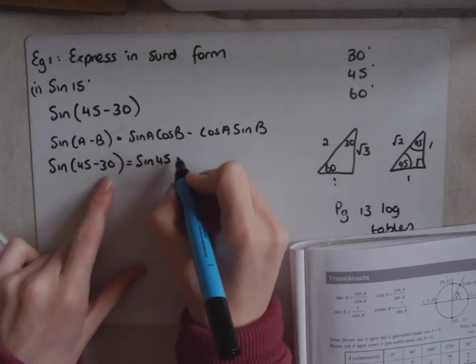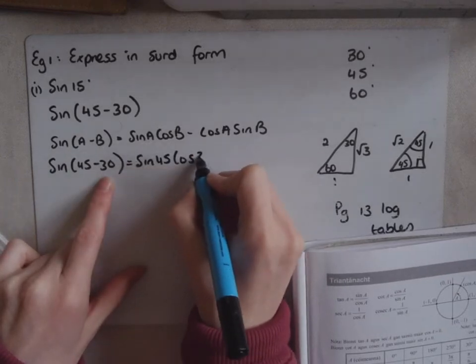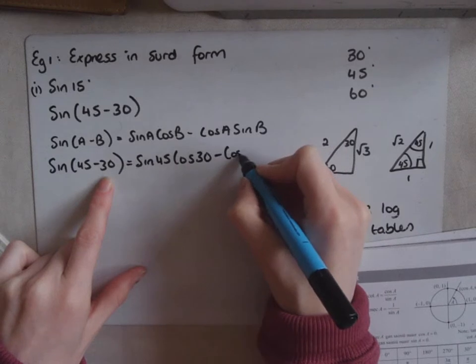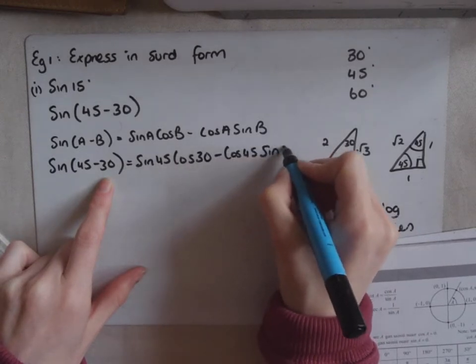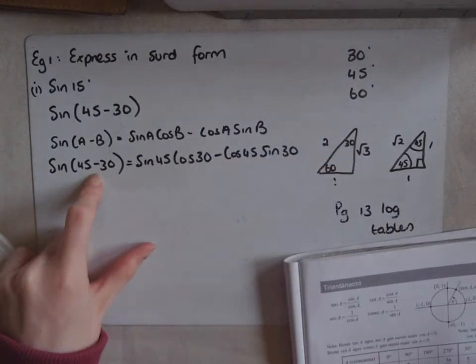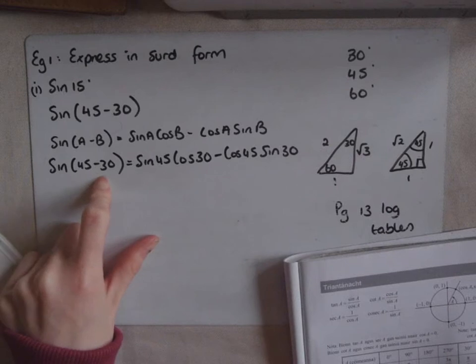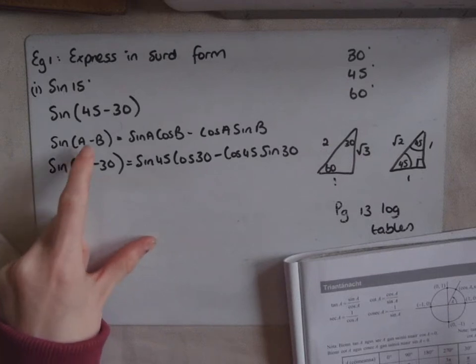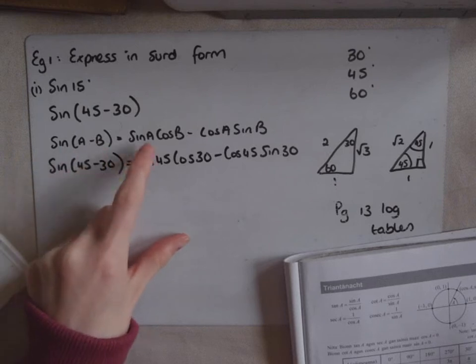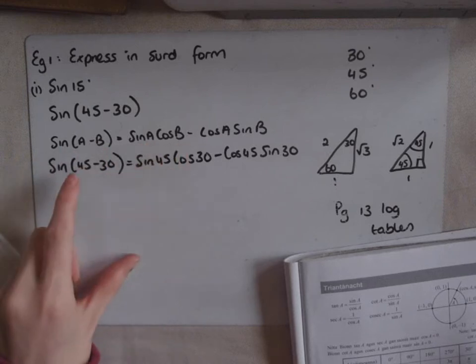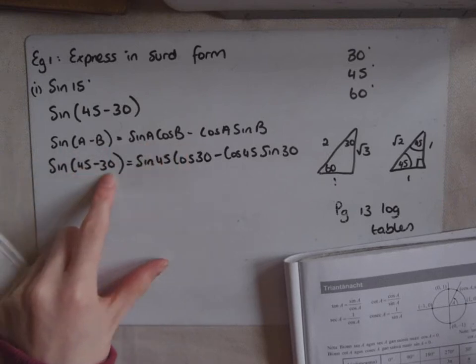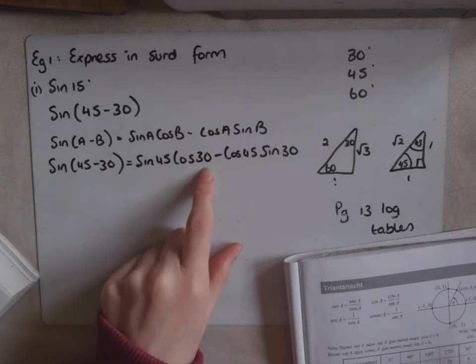Sine of 45, cos of 30, cos of 45, sine of 30. That minus in there, it's not that minus 30 is the angle. Your formula is A minus B, and you're just using A and B. So it's 45 minus 30, you're just using 45 and 30.